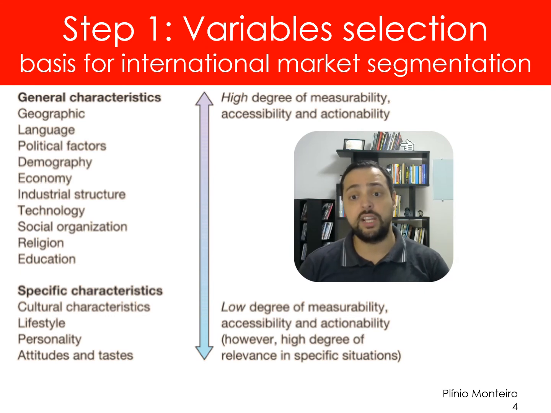Usually it's very easy to measure that, it's very cheap to have access to that, and it's very easy to transform this information into actions, into some practice for your international strategy.